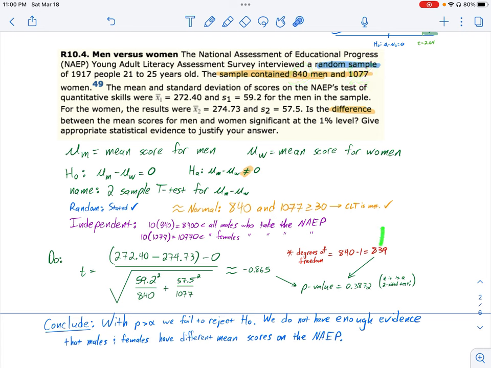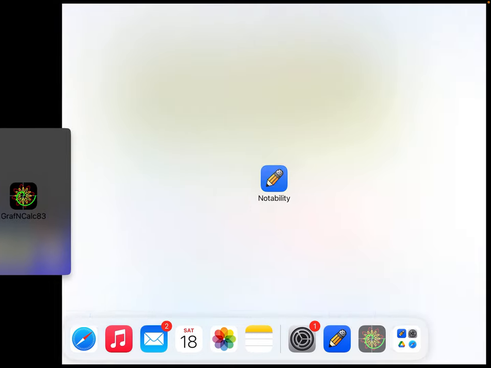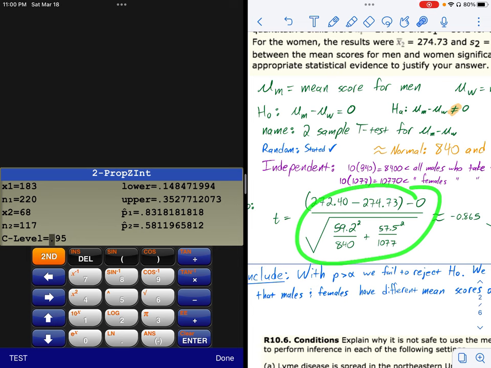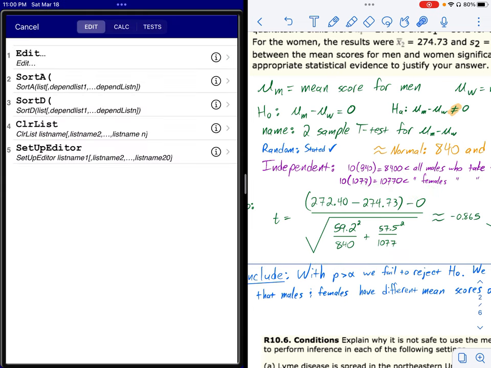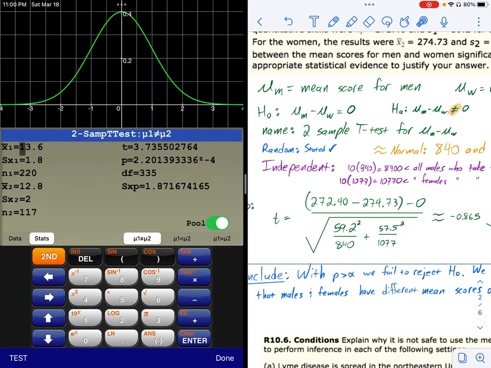So 839. Let's just show it on the calculator because I would do this on the test. I would, again, set that up by hand and then do the rest on the calculator. So this is a two-sample t-test. This is number 4. You plug in all the numbers and just be careful that you don't screw up, like I just did.